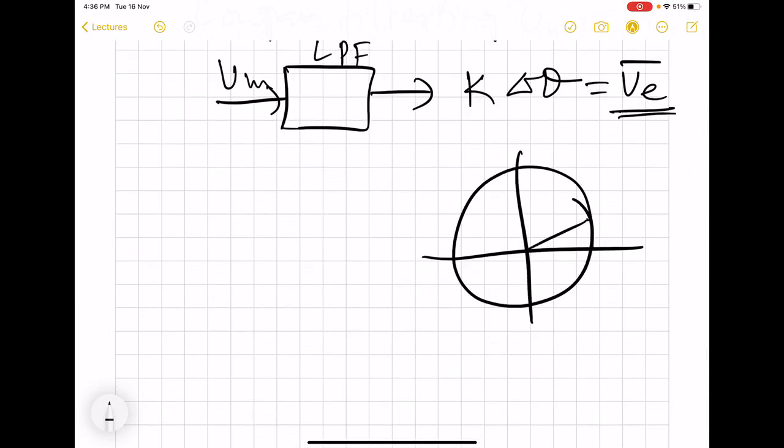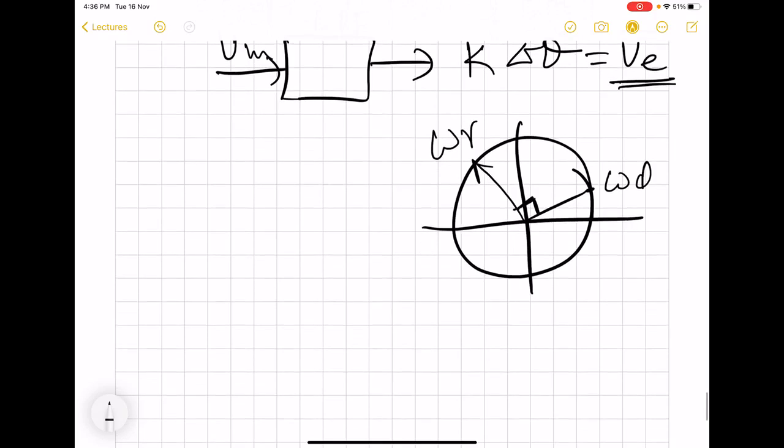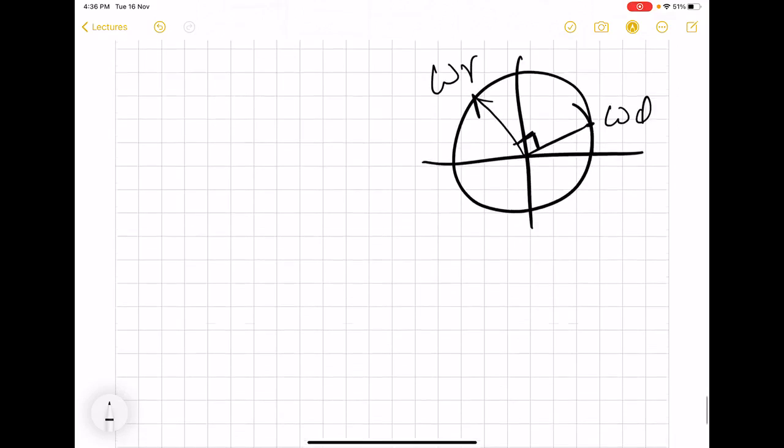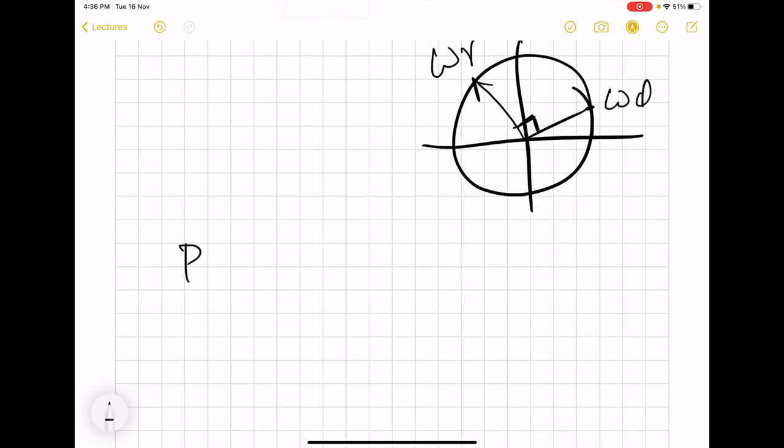So here we will have this scenario. If this is omega D, then omega R is going to be like this. So this is going to be almost 90 degrees. Right. So here we can now plot what is called the phase detector characteristic.